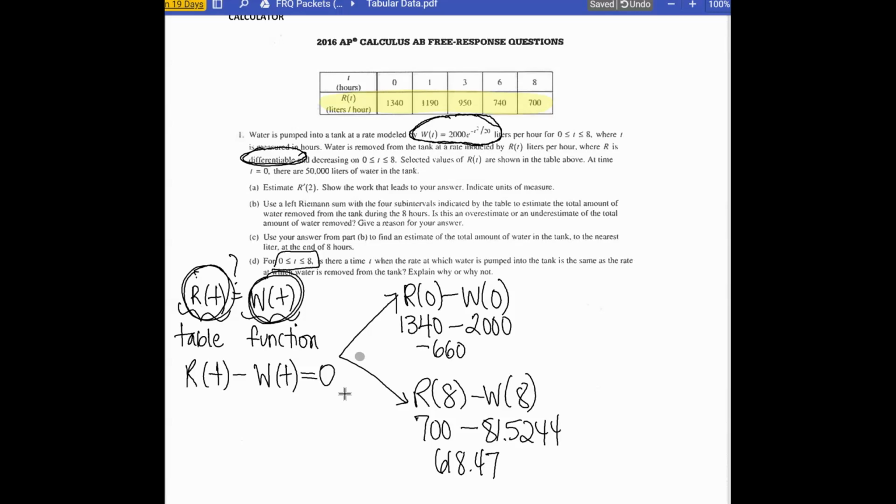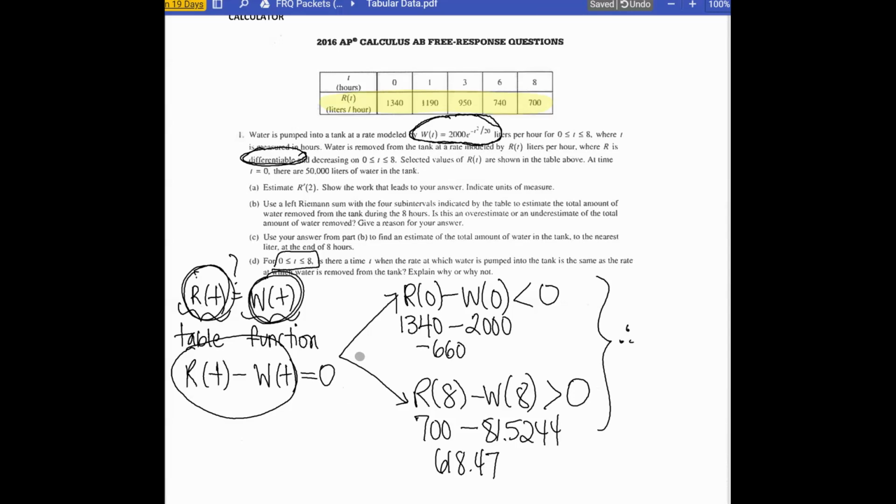We need to know that R of t minus W of t is going to be equal to 0. Well, negative 660 is a number that is less than 0, and this right here came out to a positive value, so we know it's greater than 0. So obviously it's going to be equal to 0 somewhere along the way.